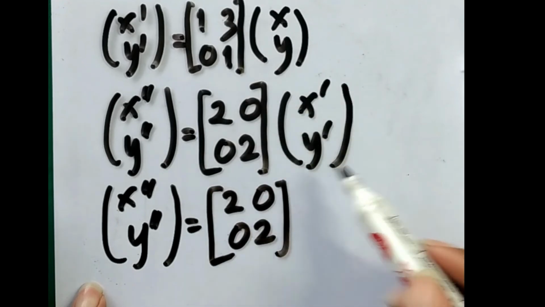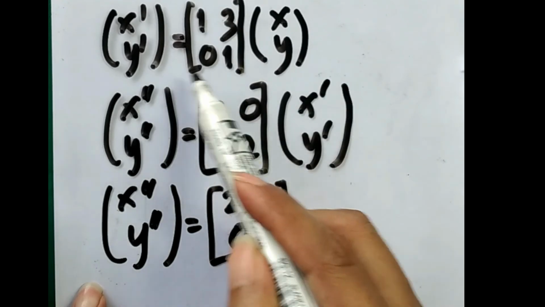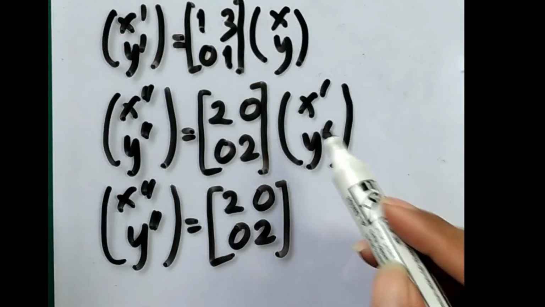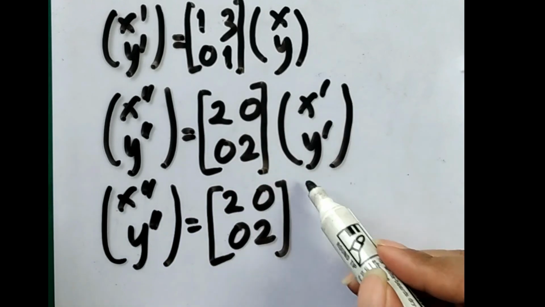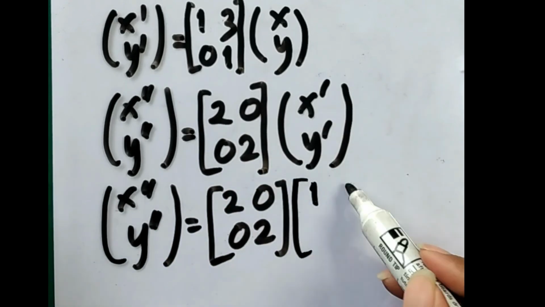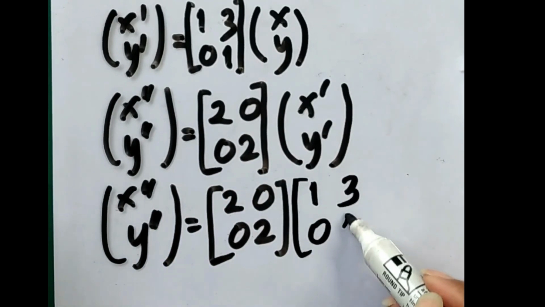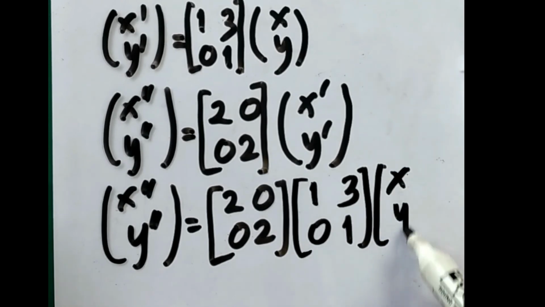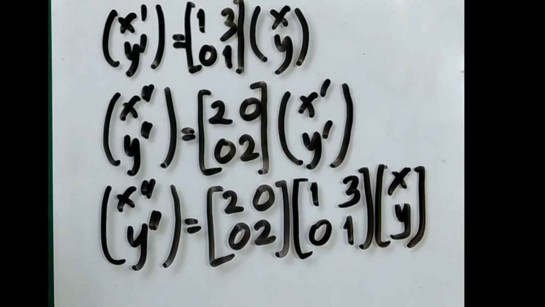We substitute x accent, y accent with 1 3 0 1 times x, y. So the matrix that transforms x and y directly to x double accent and y double accent is the product of these two matrices.